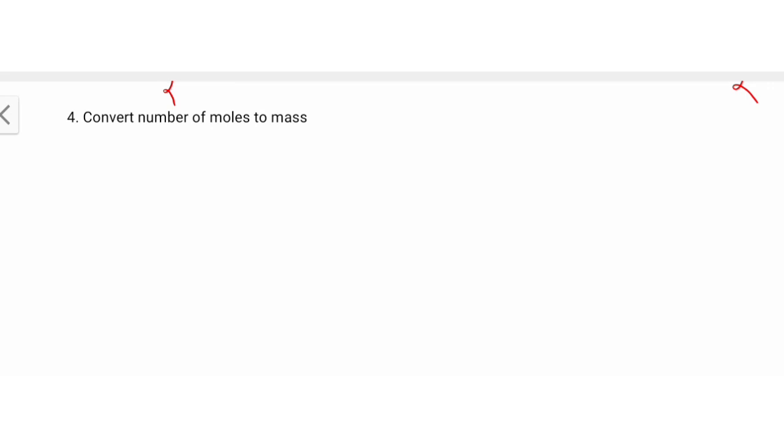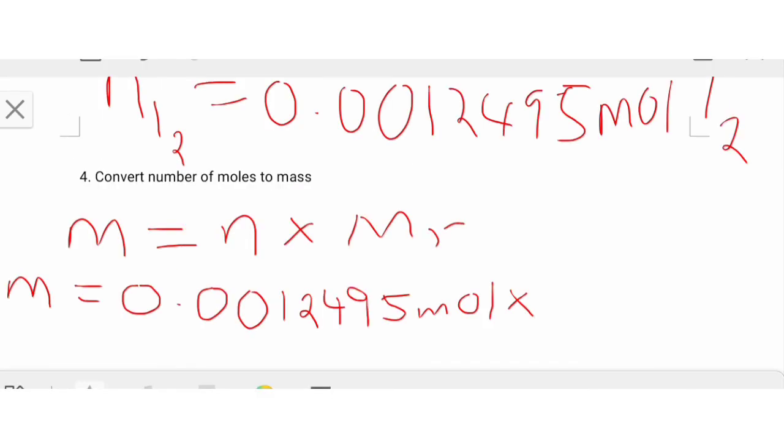We're ready now to tackle step number 4. In order for us to convert the number of moles to mass, we're going to use this formula. Mass, which is M, is equal to number of moles multiplied by the molar mass. MR is just the molar mass. We have calculated the number of moles, and we know the atomic mass of iodine. So now we can substitute into the formula.